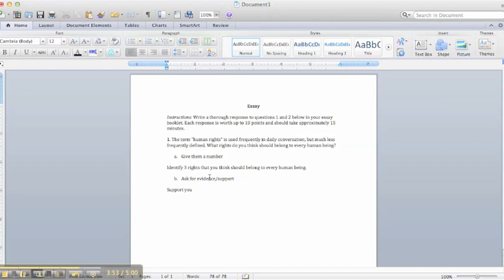Support your rights, or whatever. You're going to have to reword this, obviously, with arguments from our class discussions, the text, or other resources. You can decide how you want this phrased, okay?